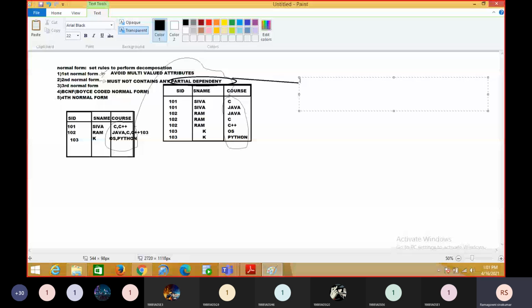The rest of the other attributes are non-prime. See the example. It should not be partial. It must be fully dependent. Decompose.